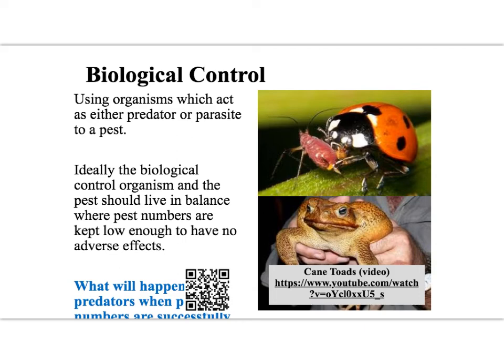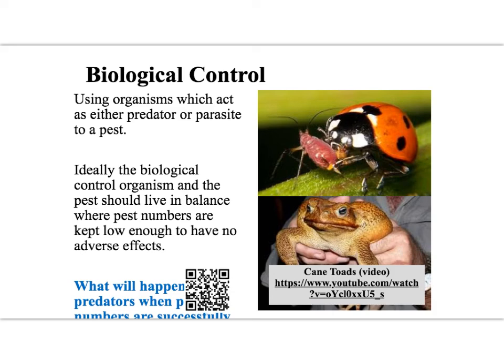So using animals to do that instead of pesticides. A successful, natural example is ladybirds, which would eat aphids, a natural predator of aphids. However, there are many situations where people have introduced a biological control, such as a cane toad, and it's not very successful. So you may wish to watch this video to see a not very successful example.